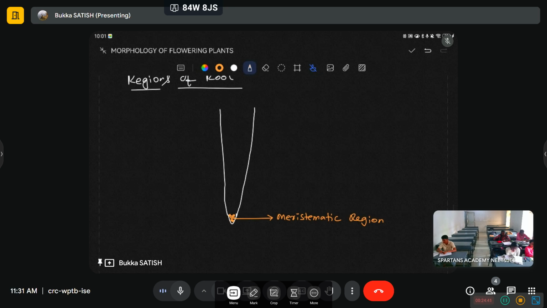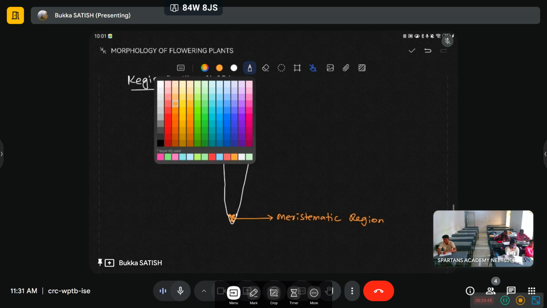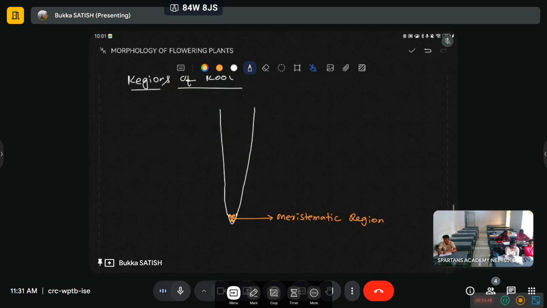This is the first region. As the root is growing inside the soil, to protect this meristematic region, there is a root cap, the function of which is to protect this meristematic region.